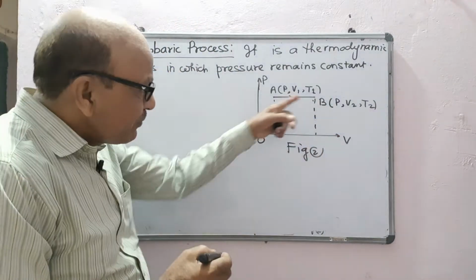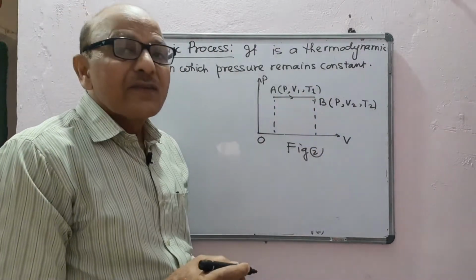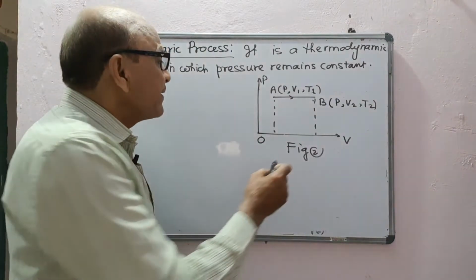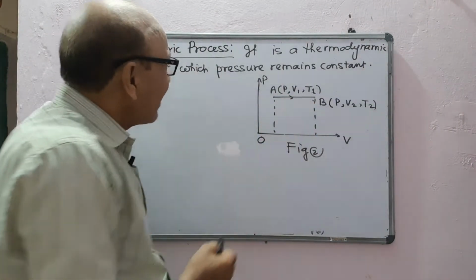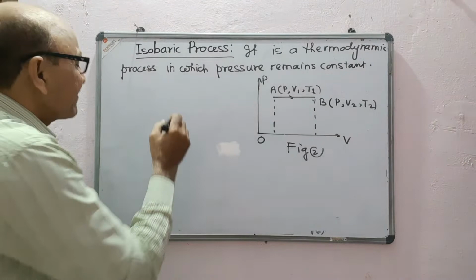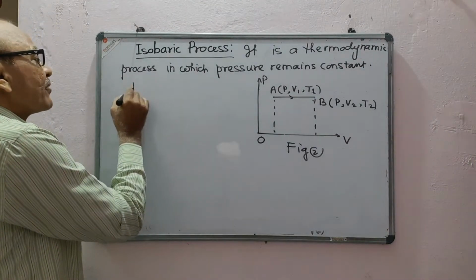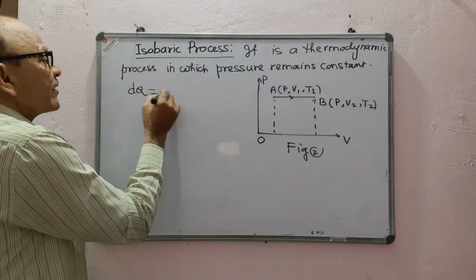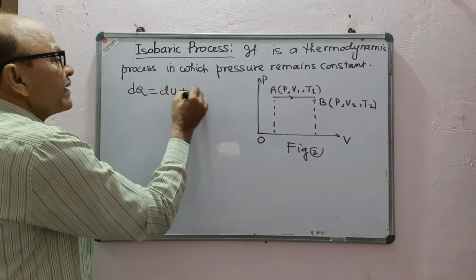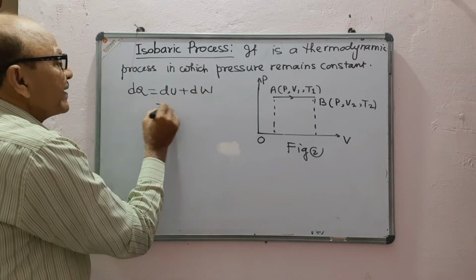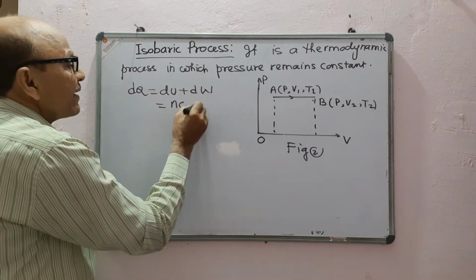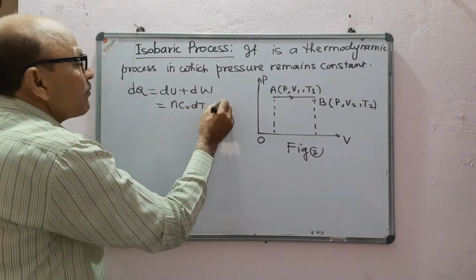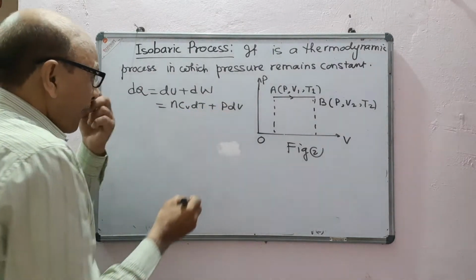Thus, from A to B, pressure is throughout constant, and this curve is the isobaric process. In this case, first law of thermodynamics gives dQ is equal to dU plus dW, that is nCv dT plus PdV.